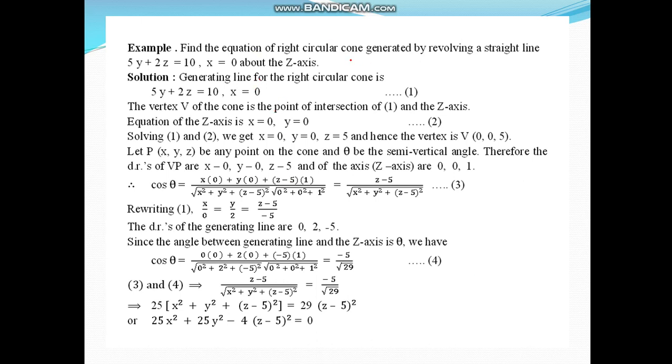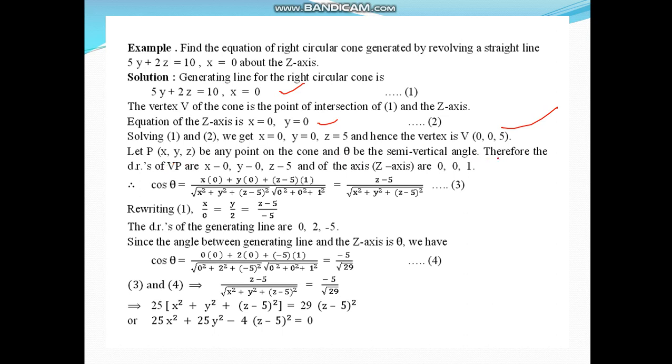Then find the equation of right circular cone generated by revolving a straight line about z-axis. Generating line for the right circular cone is this here. V is vertex. Equation of z-axis is this. Solving 1 and 2, we'll get this result. So vertex is 0, 0, 5. Let P(x, y, z) be any point on the cone.